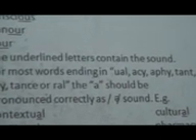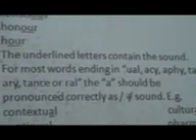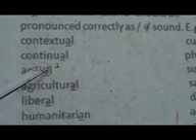For most words ending in UAL, ACY, APHY, TANT, ARY, TANCE, or RAL, the A should be pronounced correctly as A. Examples are words like contextual and not contextual, continual and not continual.